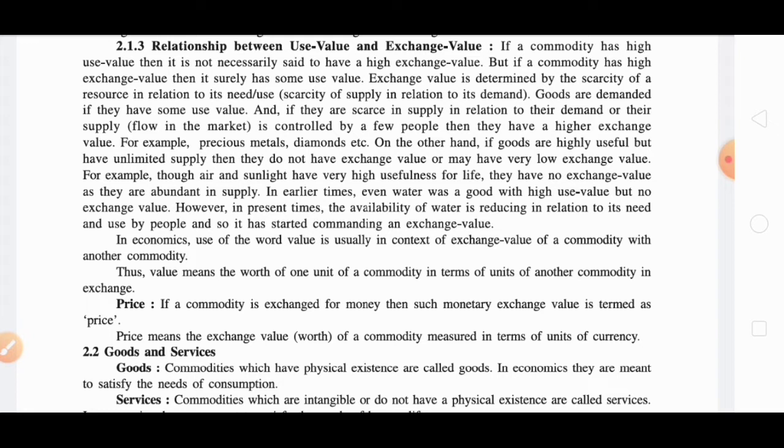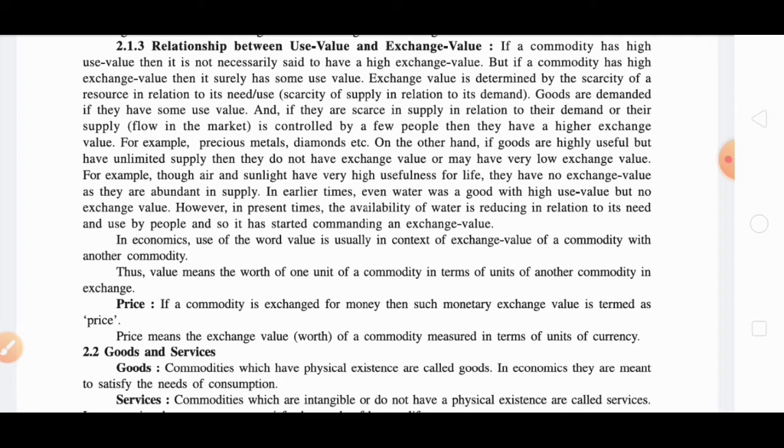In economics, the use of the word value is usually in the context of the exchange value of a commodity with another commodity. Of the definitions given for use value and exchange value, only exchange value is used in economics to denote any goods and services.